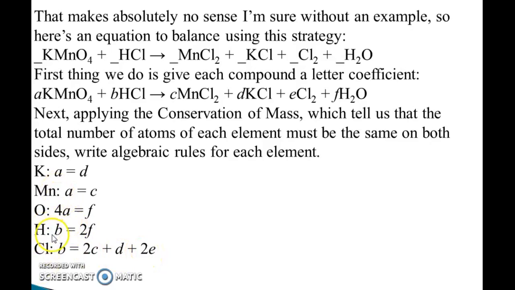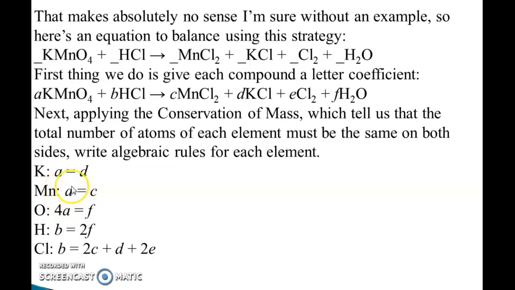Similarly, hydrogen, which is equal to B on the reactant side, is equal to 2F of hydrogen on the product side. Oxygen, which is equal to 4A on the reactant side, is equal to F of the product side of oxygen.